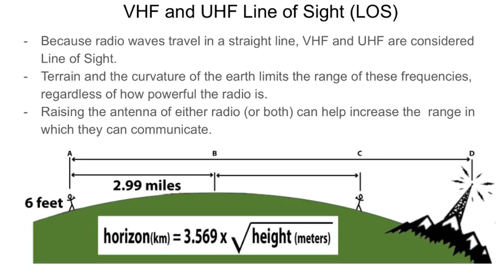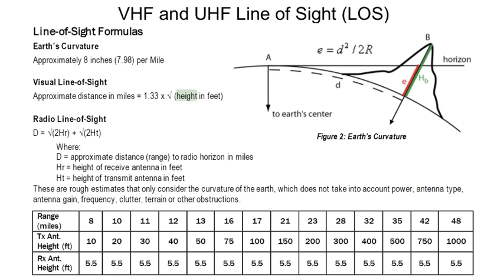Now, what we can do to increase our range is elevate one or both radios. You can see on this graph at the bottom, they raise the transmitting antenna up to 10 feet, and that gets you another couple miles. You go from about 6 miles to 8 miles. Now, let's say we raise it to 50 feet. Now you can talk to someone 13 miles away, assuming the receiving antenna is only 5.5 feet off the ground.